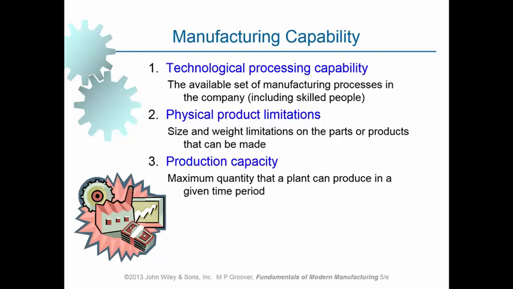So, manufacturing capability has got 3 categories, as you can see in this slide here: technological processing capability, physical product limitations, and also product capacity. And what are they? They are all briefly described in this slide here.